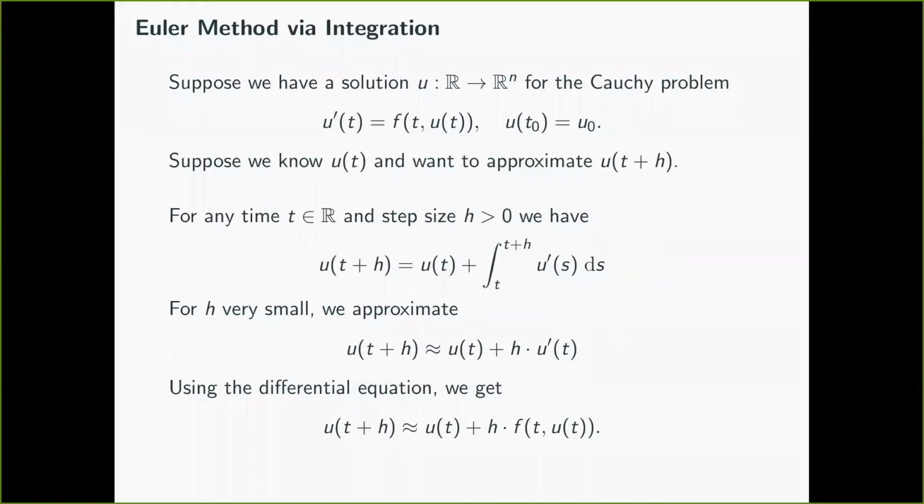This is just a Riemann sum, a very simple Riemann sum. So we get the approximation u(t+h) is roughly the same as u(t) plus h times u'(t), the same as before. And again, using the differential equation, we get that u(t+h) is approximately u(t) plus h times f(t, u(t)). Again, the same approximation of u(t+h), this time with integrals instead of difference quotients.